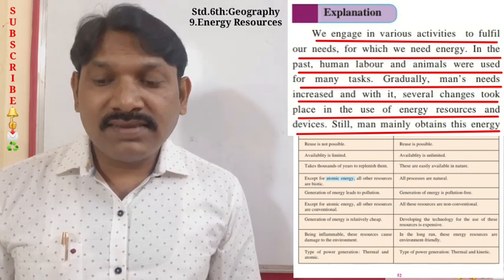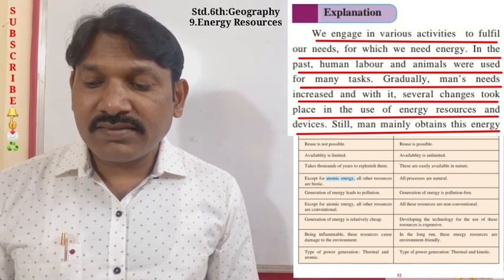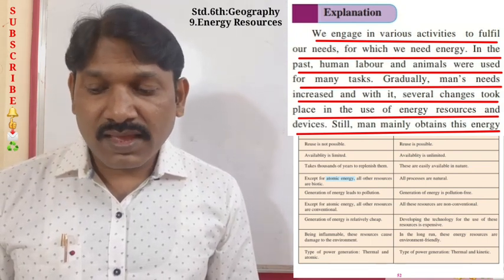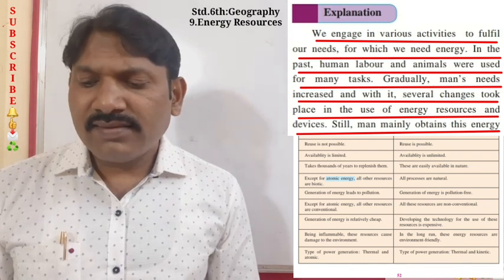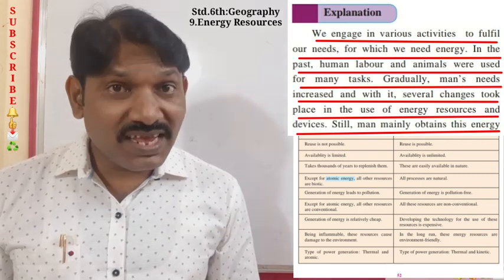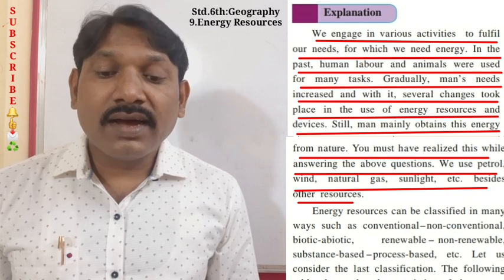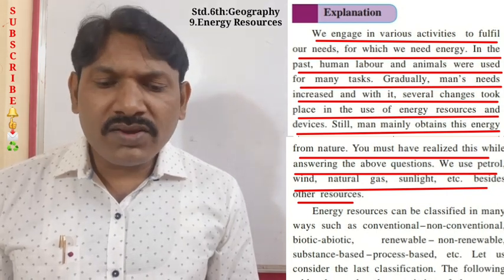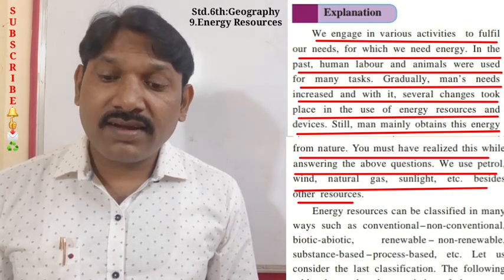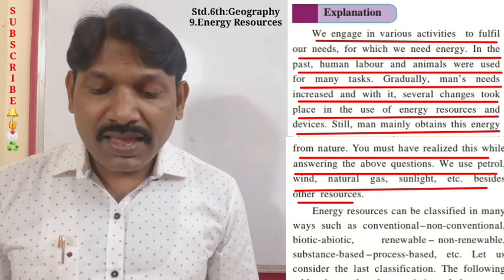Gradually, man's needs increased, and with it, several changes took place in the use of energy resources and devices. Still, man mainly obtains this energy from nature. You must have realized this while answering the above questions. We use petrol, wind, natural gas, sunlight, etc. besides other resources.